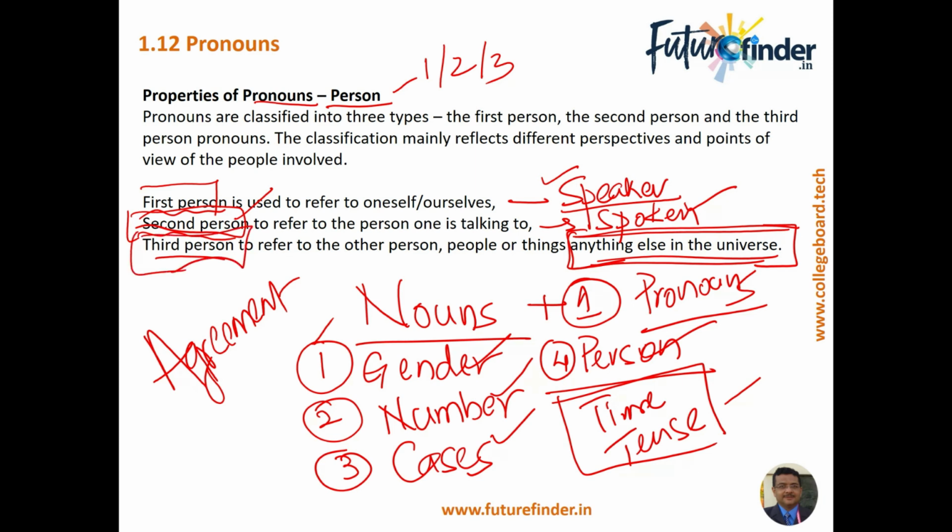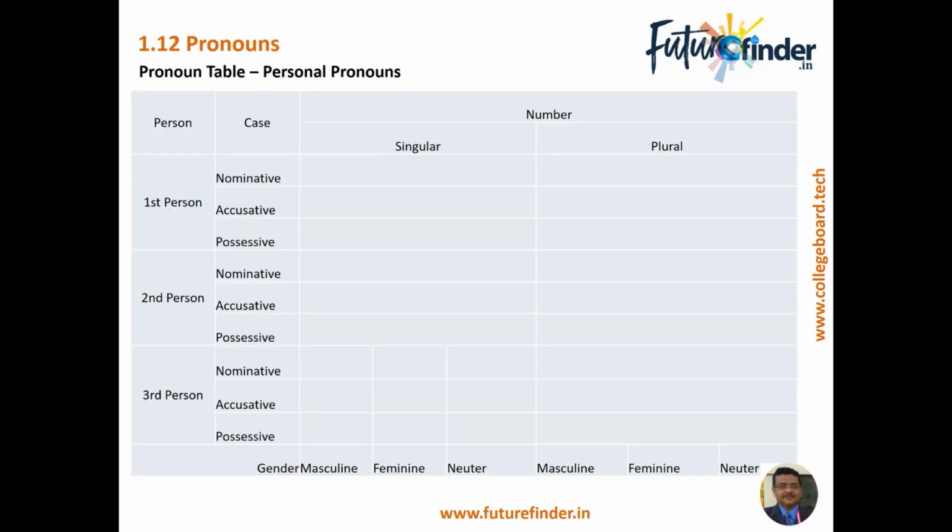With this understanding, let us try to combine these four properties of nouns and pronouns and make a personal pronoun table.